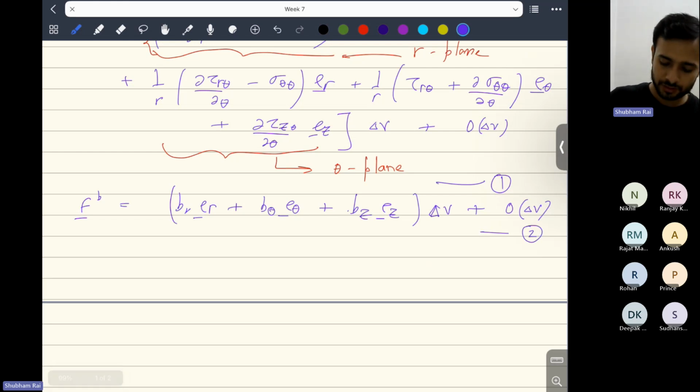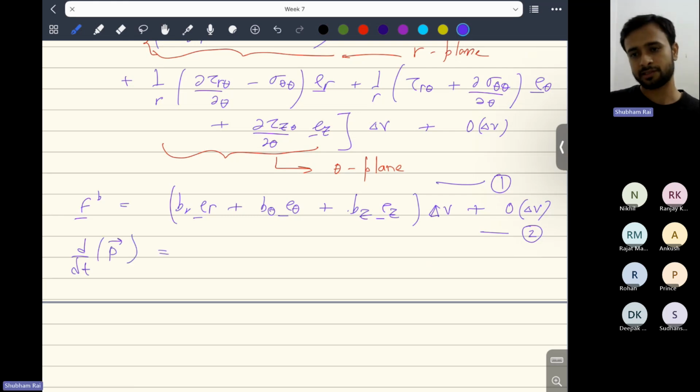And then you have rate of change of linear momentum, which is d by dt of P. P is mv and m can be written as rho into V. So this is essentially d by dt of rho into volume into velocity. We assume that density is not changing with respect to time, neither is the volume changing with respect to time.